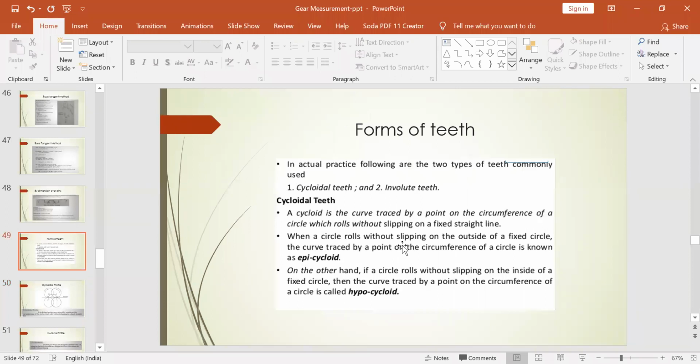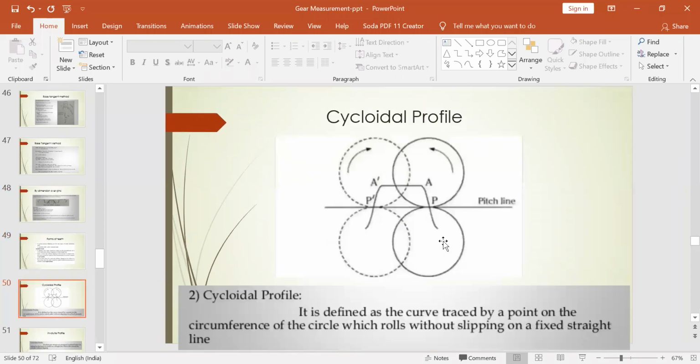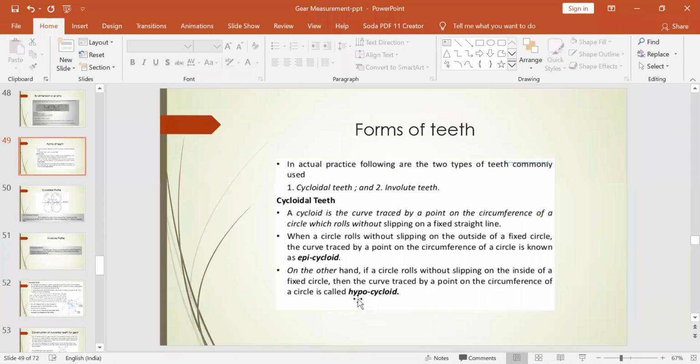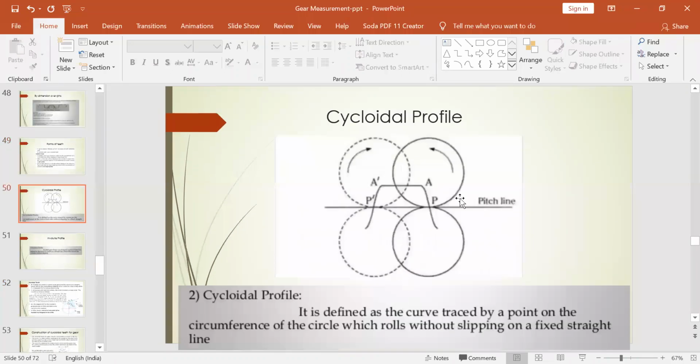If the circle rolls without slipping on the outside of the pitch circle, it is called an epicycloid, and if it rolls inside the pitch circle, it is called a hypocycloid. So the rotation of the circle without slipping on the base circle is called your cycloidal profile.